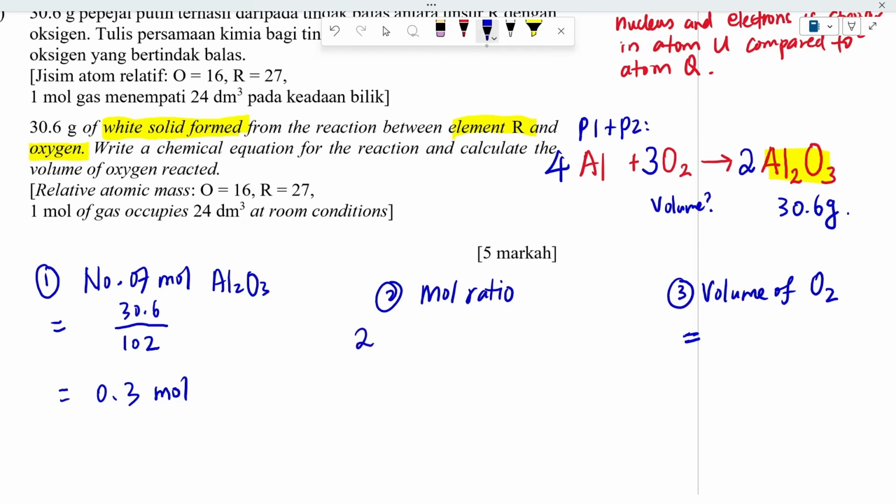So 2 mole of aluminium oxide to 3 mole of oxygen. Then for aluminium oxide here is 0.3 mole. So how many mole for this? 2 to 3. So how are we going to get it? Cross multiply. So what is 3 over 2?